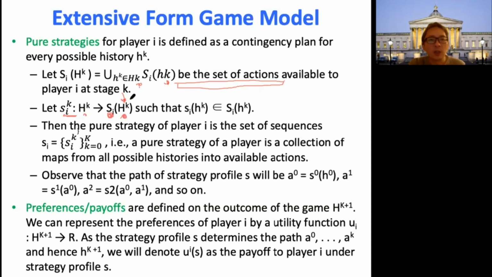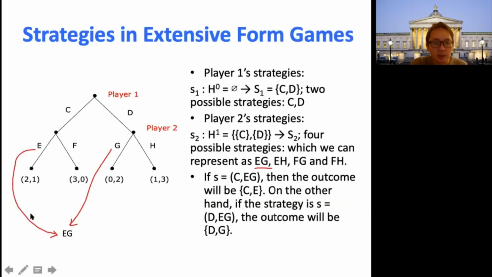Because of the tree, your payoff changes, you play with the change as well. And then based on that, you can do the iteration until the end. So this is the definition, but let's look at an example.